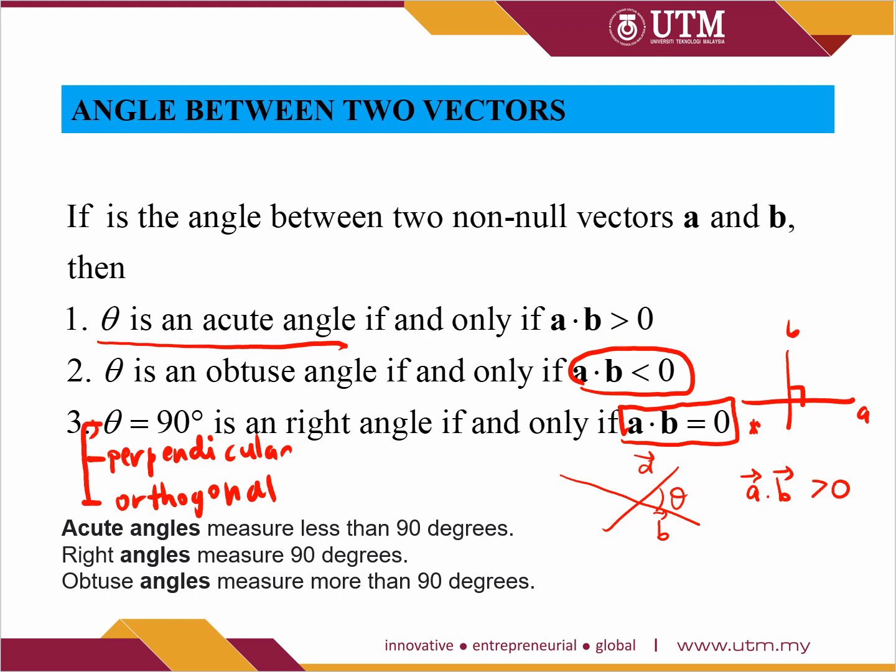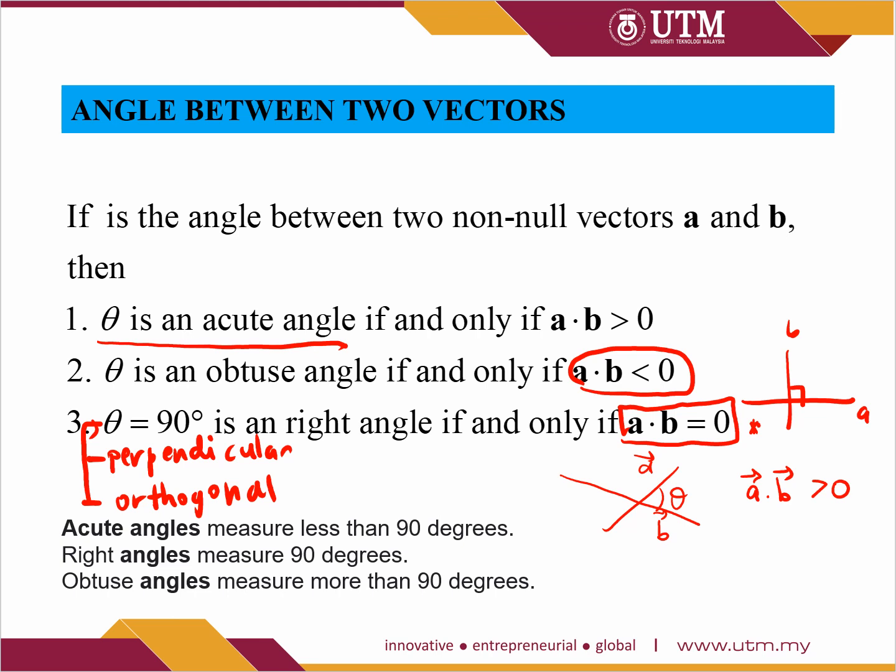So if a vector is said to be orthogonal to another vector, please keep in mind that the angle would always be 90 degrees, or you can assume that A dot B equals 0.